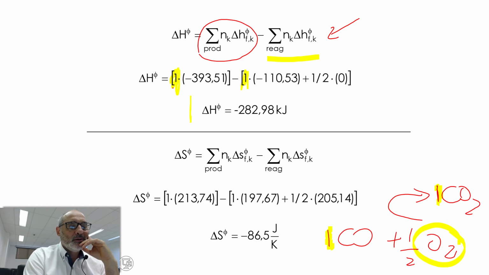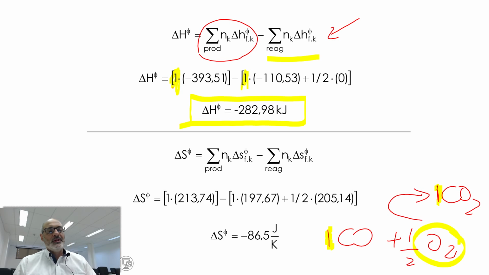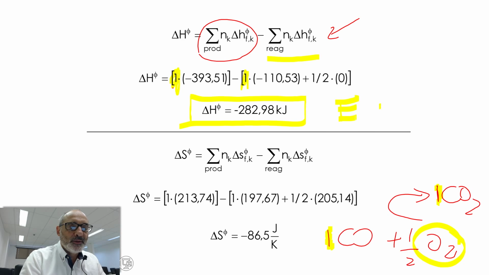So making all the calculations, we have this result here. Delta H equals minus 282.98. So the process is exothermic.